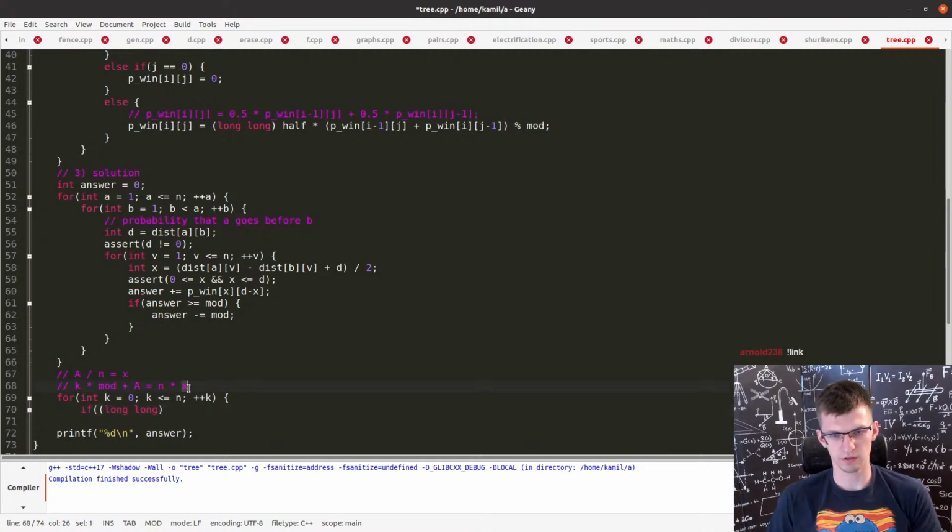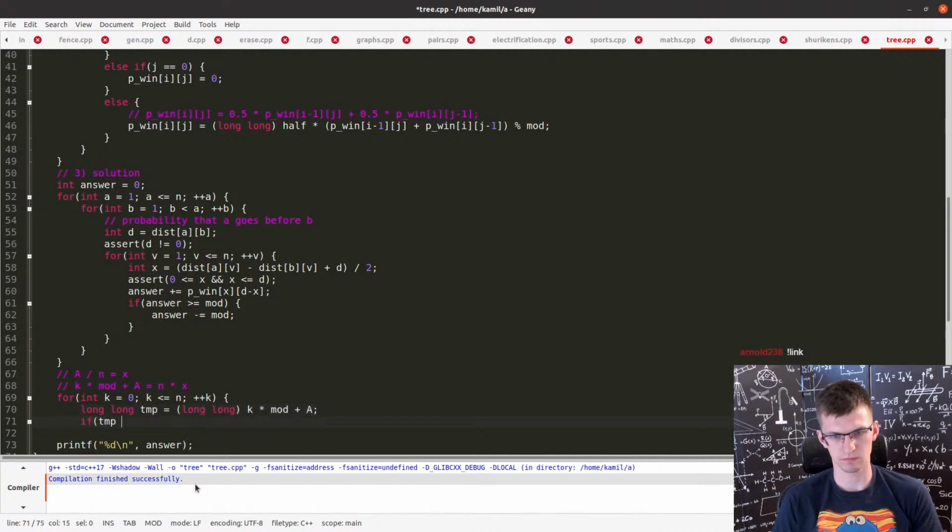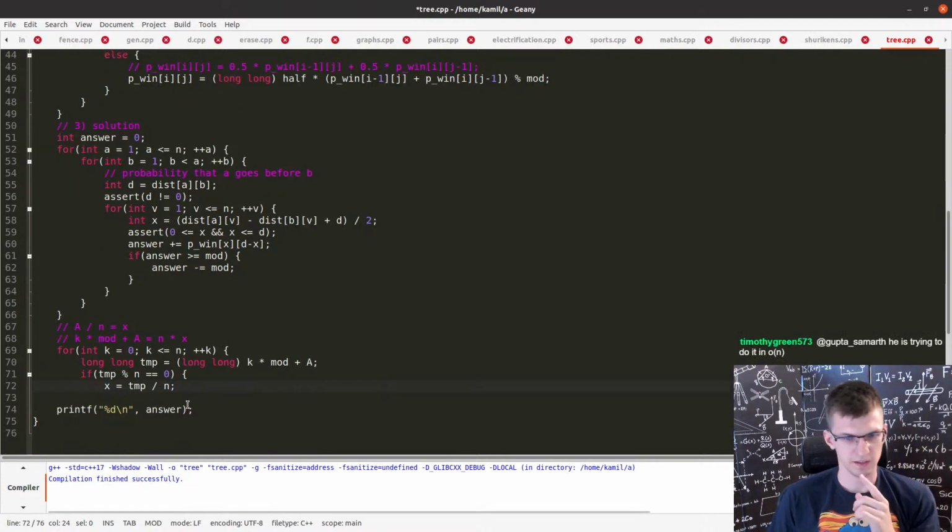We still don't know x, but we want this left side to be divisible by n. And here we know x. And what we computed is inverse of n.